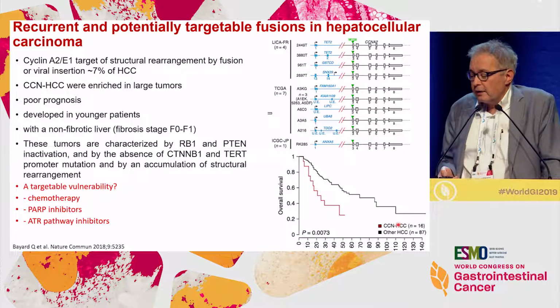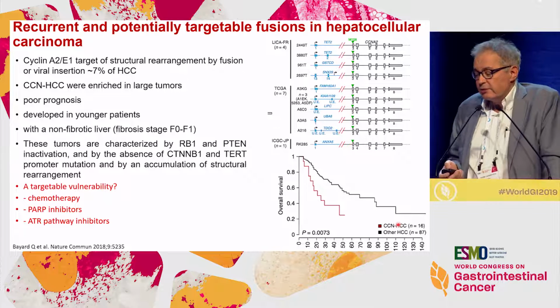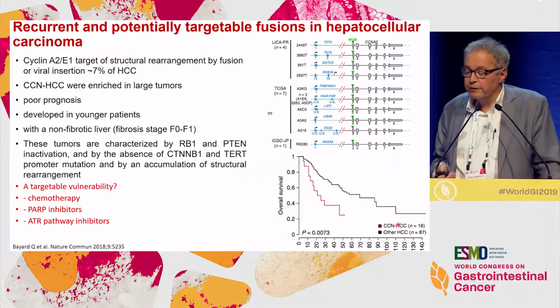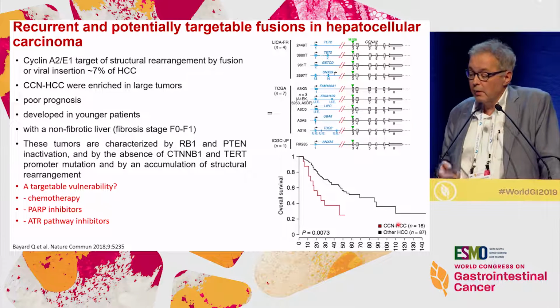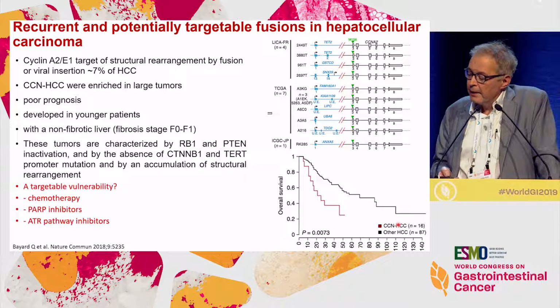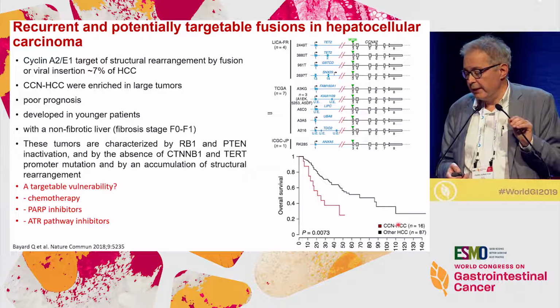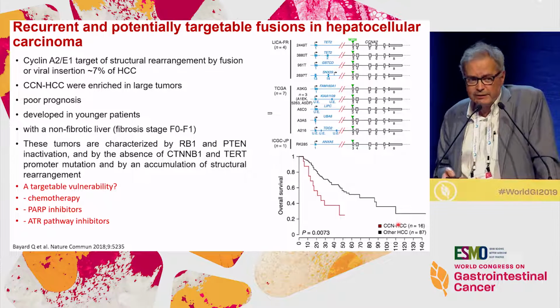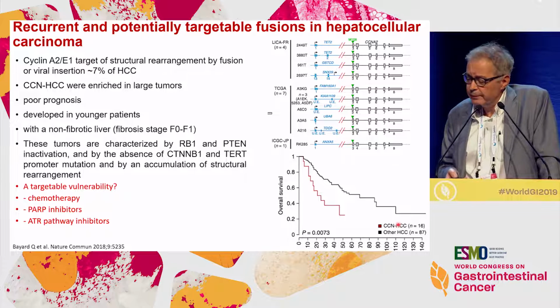Concerning hepatocellular carcinoma, fusion genes involving two genes, cyclin A2 or cyclin E1, have recently been described. These two fusion genes are present in approximately 7% of hepatocellular carcinoma.